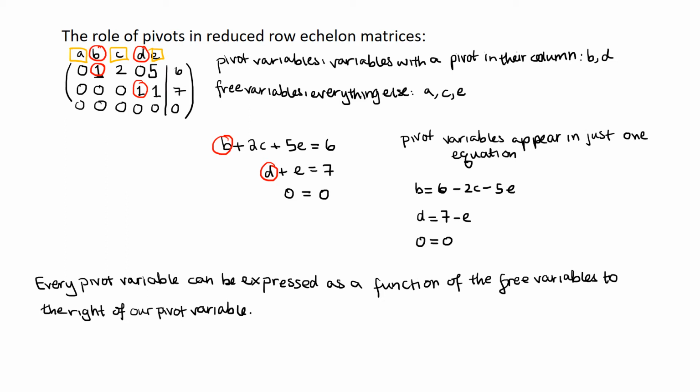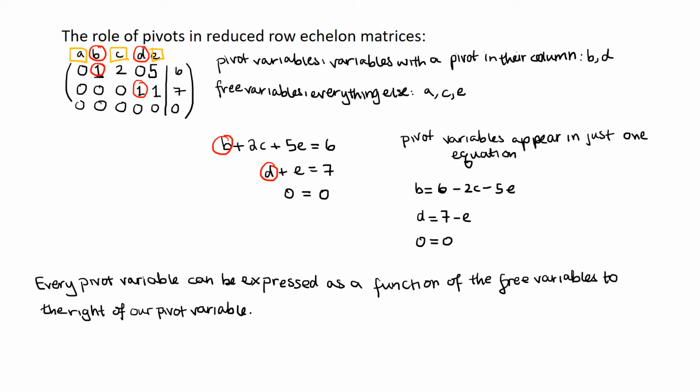So there's some connection between the pivot variable and the free variable, and it's expressed with this function. Notice that there aren't any other restrictions on the free variables. They don't appear in any other way in these equations. And this is why they're called free. We can choose them to be any value we like.